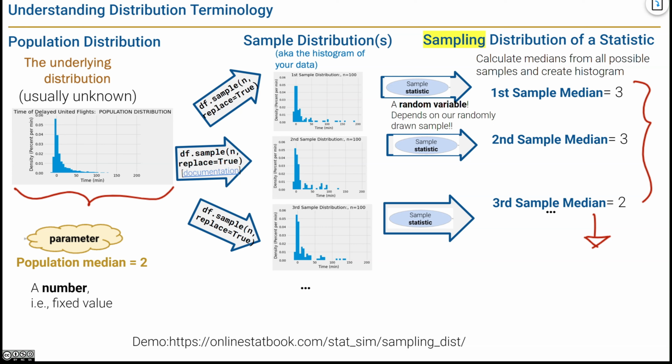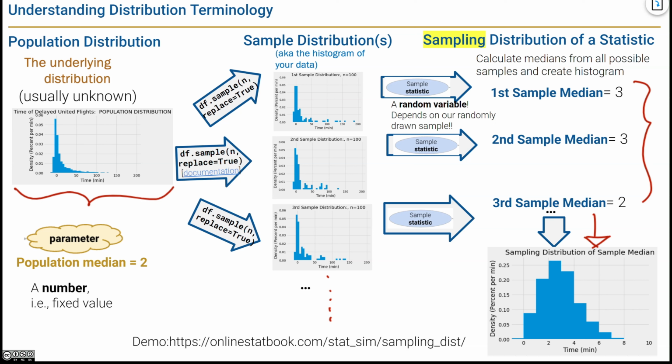So if I were to do this process and I keep getting 10,000 different samples, or 1,000 different samples, and calculate the medians for all those samples, here is the distribution of the sample medians. And I can see that here was the actual population median, which was 2. I'm getting values that are around 2. They're not perfectly centered around 2 in this simulation, but then I get a sense of the spread also.